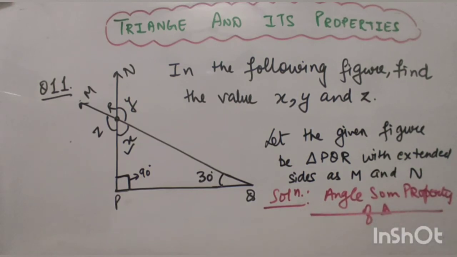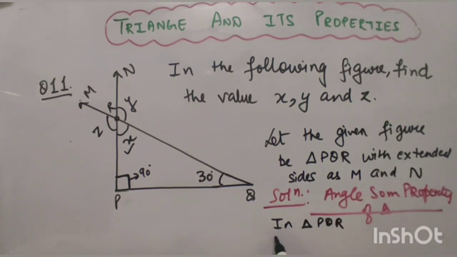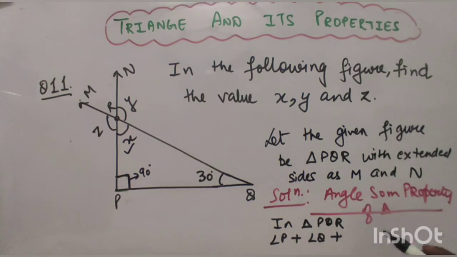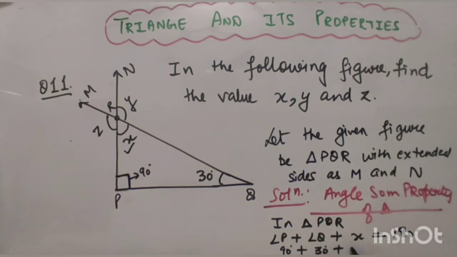So here I am going to write that in triangle PQR, angle P plus angle Q plus angle R, definitely I am not going to write R, but I can write x straight away here, equal to 180 degrees, right? So now angle P is 90 degrees, angle Q is 30 degrees, and we have to solve this.